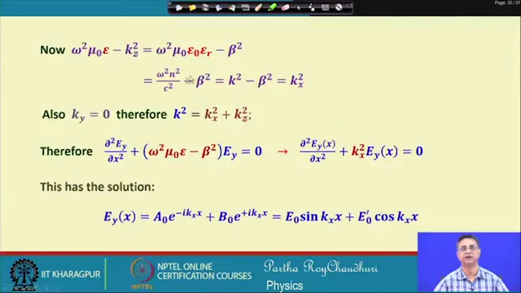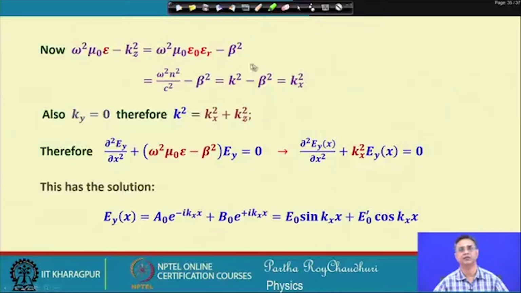and k z I write as beta square. So, I can rewrite this in terms of the transverse component, that is the x component of the propagation vector, because k y is equal to 0. So, the mod of the k vector square will be equal to k x square plus k z square, but this is equal to beta square.